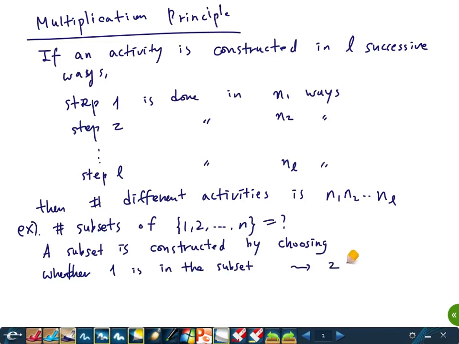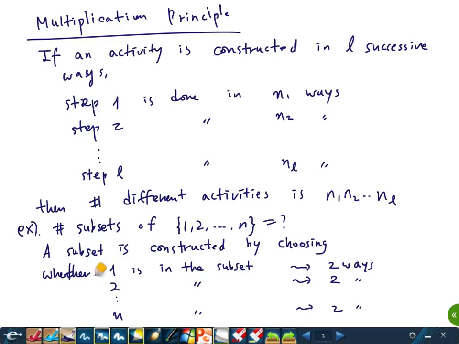Here we have two possibilities. And 2 is in the subset or not, two possibilities, etc. The last one is in the subset, two ways. For each step, we have two choices, whether this element is in the set or is not in the set.